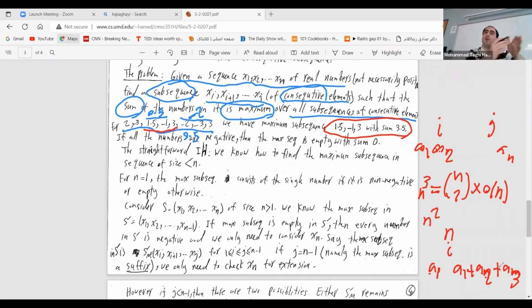So with a start of I, I compute all of these subsequences that start with I. How many consecutive subsequences starting with I are there? At most order n, correct? How much does it take for me to compute all of them?